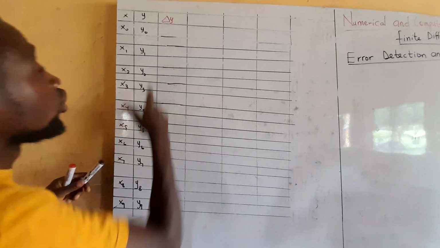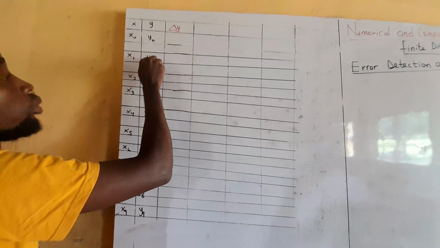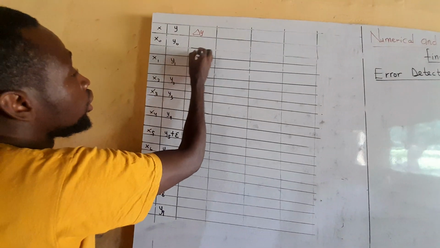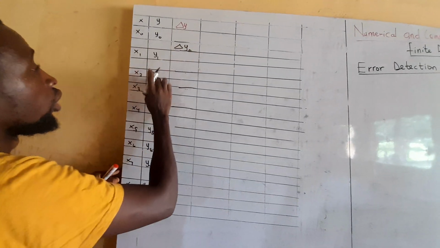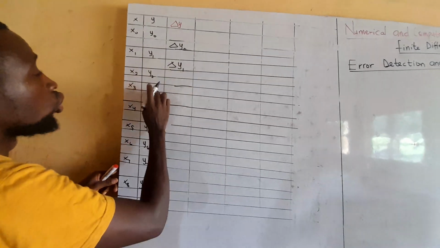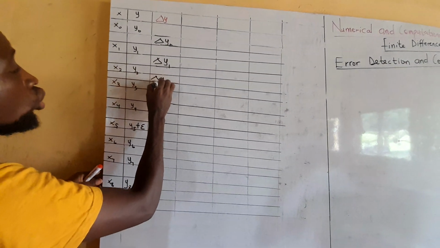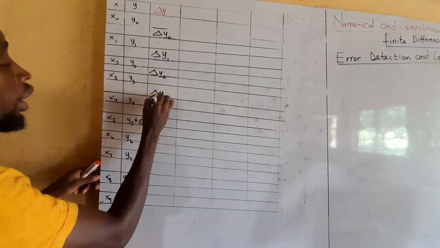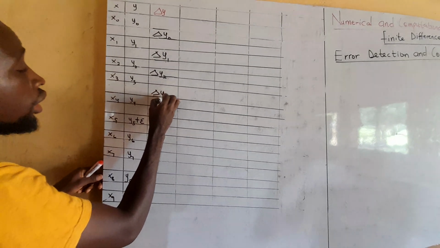So now we'll find the difference. The difference between y1 and y0, let's say, is del y0. The difference between this and this will be del y1. The difference between this and this will be del y2. And the difference between this and this should be del y3.